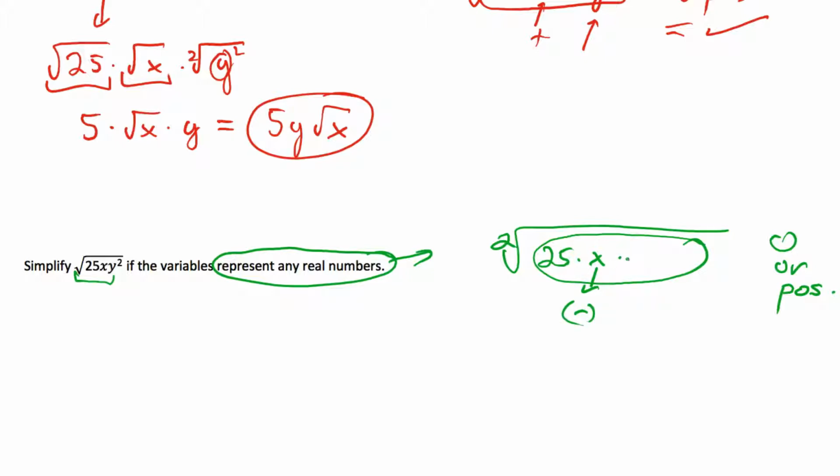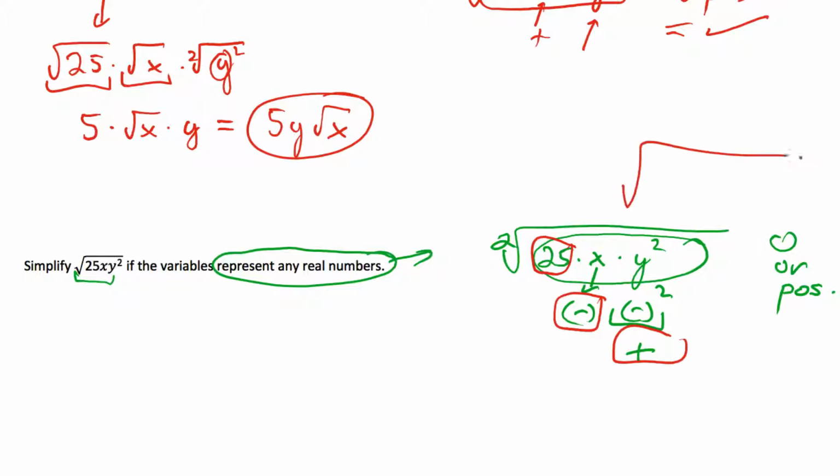Let's look at our y. Our y, what if our y was negative? If our y was negative, we'd have a negative squared, which would make that positive. So we would then have 25 positive times x negative times y squared positive. We would have a negative under the square root sign, which we can't have.